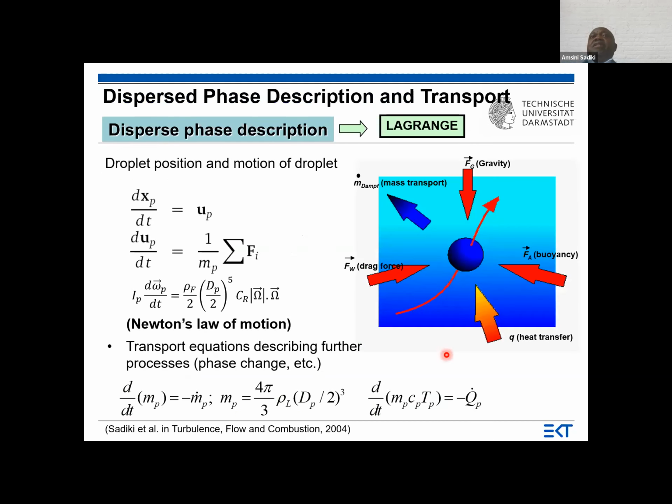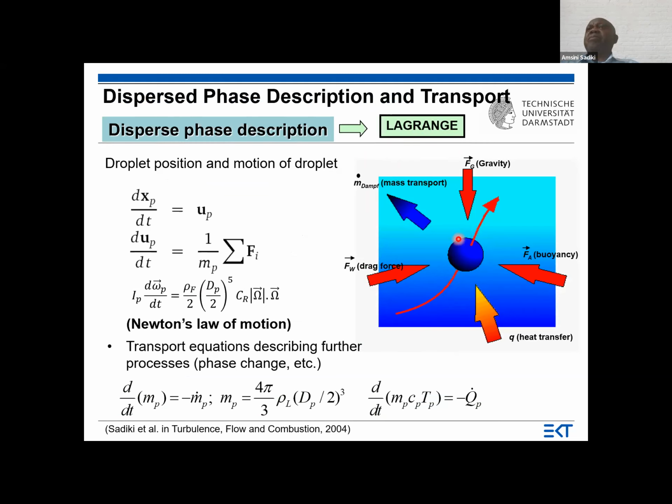So let's now focus on the Lagrangian description of our particle. We will also come to the Eulerian description later on.